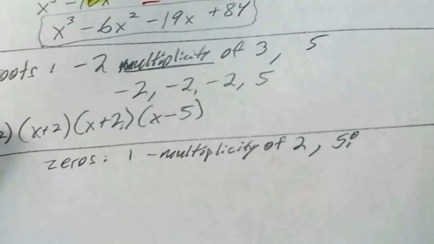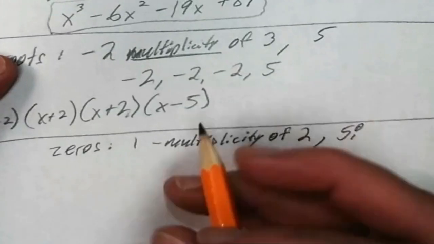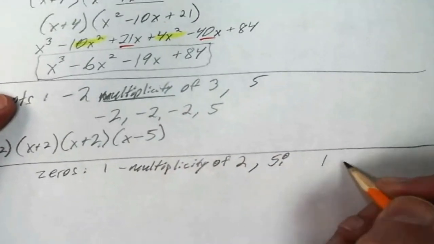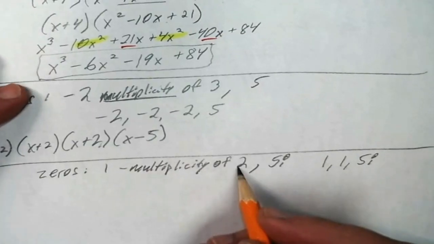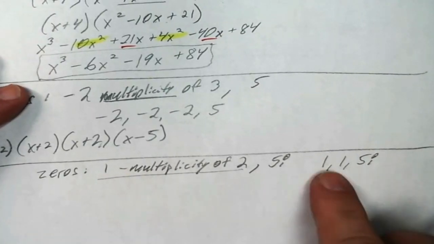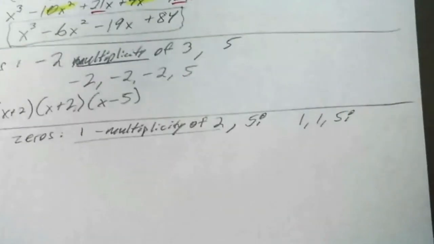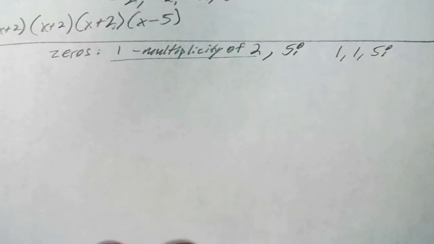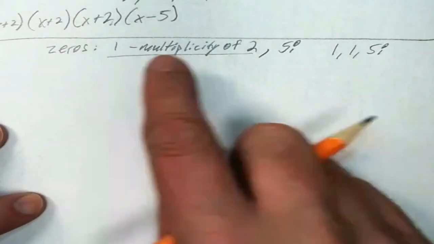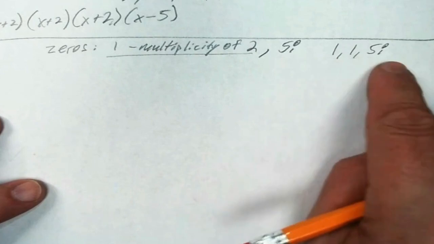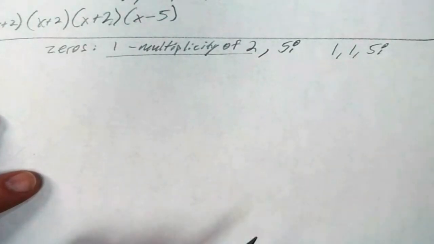And you're thinking, okay, so this is another one that has 3 roots, right? 1, 1, and 5i, because this is multiplicity of 2, remember? There's 2 of them. But don't let it fool you. This actually has 4 zeros. You're like, well, wait a minute, Mr. Brock, this only has a multiplicity of 2, so there's only 2 ones, and there's a 5i. How can there be 4 zeros?